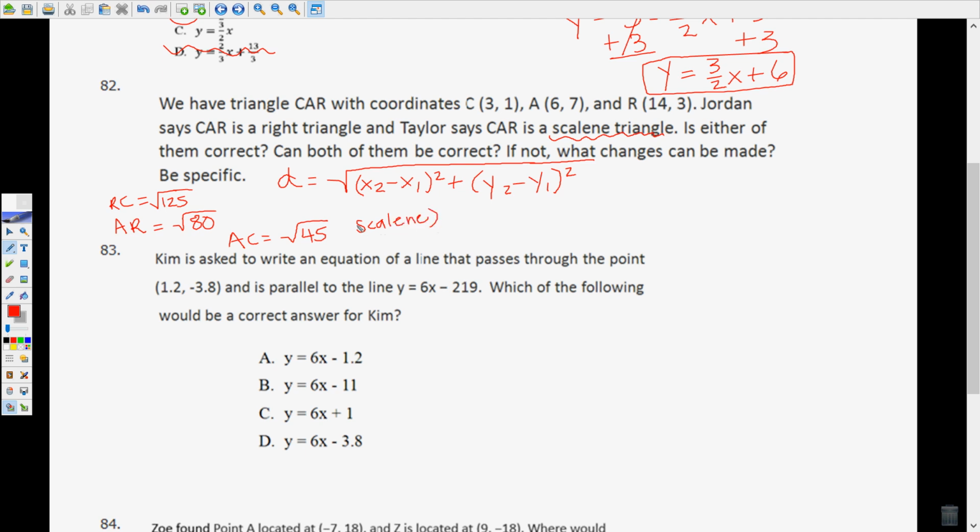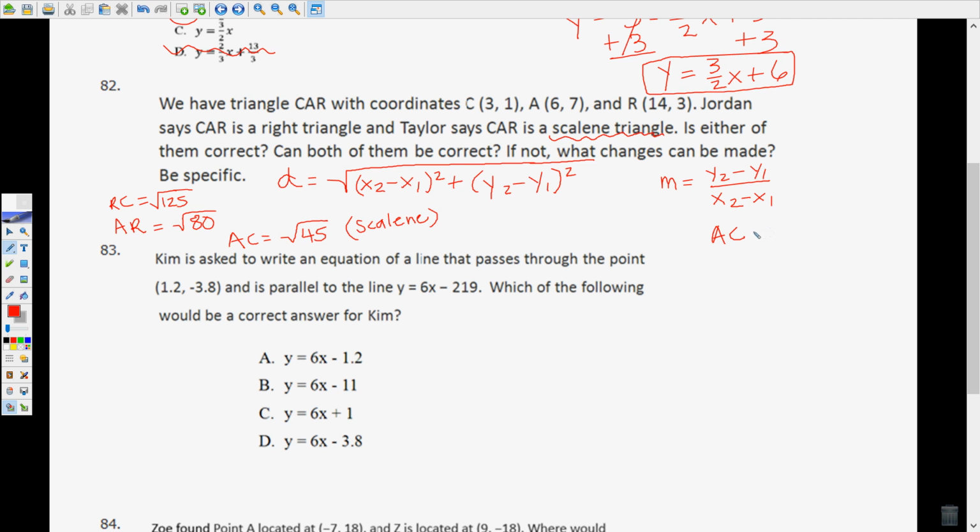Then, to figure out if it is a right triangle, you test and see if any of the sides have opposite reciprocal slopes. So you use the slope formula, y2 minus y1 over x2 minus x1. That's your rise over run. If you want to graph it and do rise over run, you can. When I drew it, I could tell which ones were potentially the right angles.